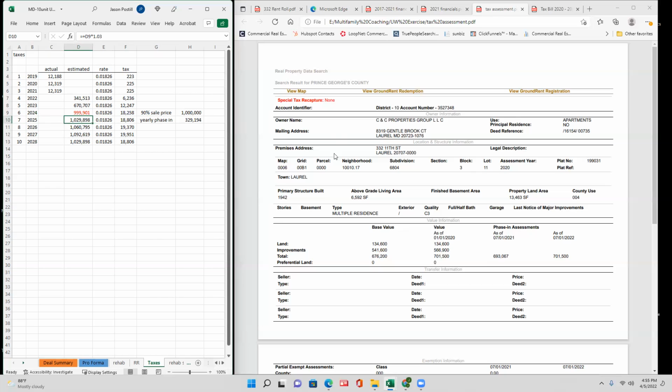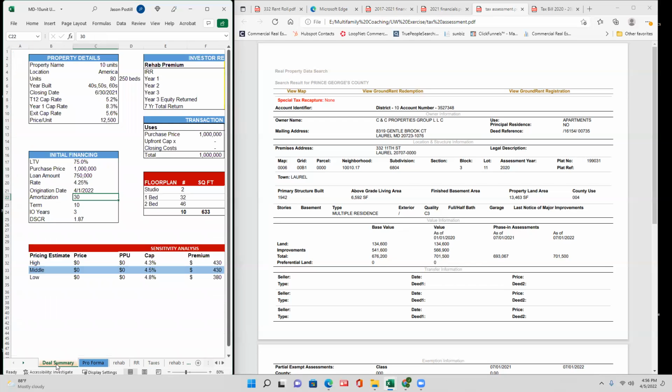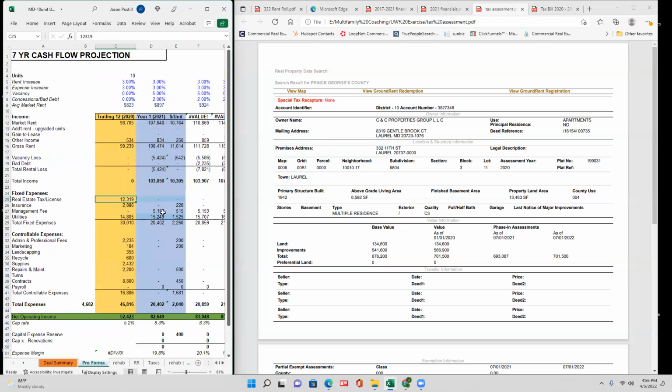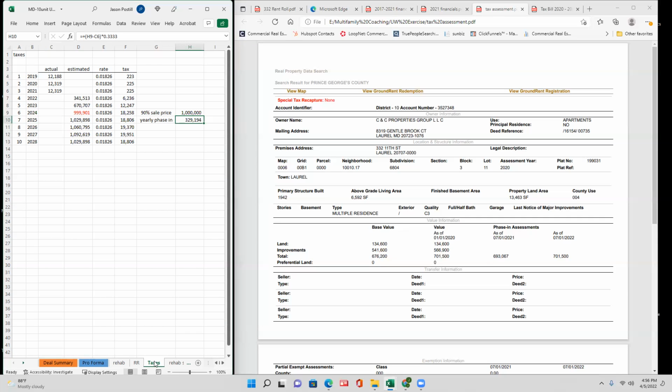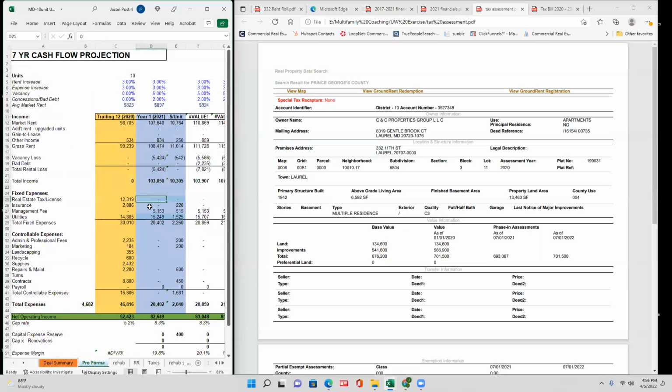Yearly phase in, I don't know what that number is. I'm just trying to ballpark what this is going to be right here for the taxes. It's going to be similar.